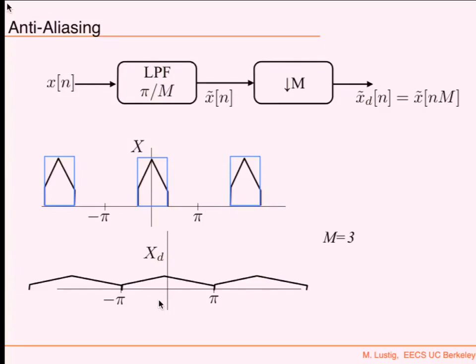So if we oversample, we might be able to correct for some of the non-ideal behavior of these analog filters. Okay, and I'll show you that later. Any questions up to here before we move to upsampling?